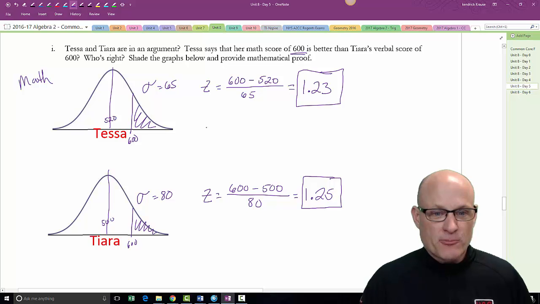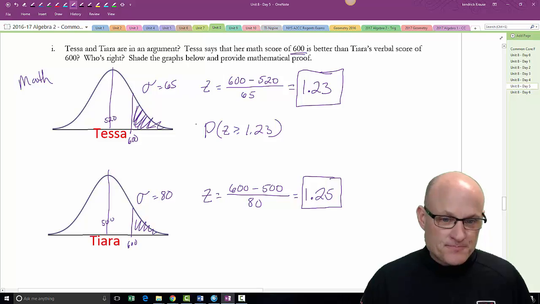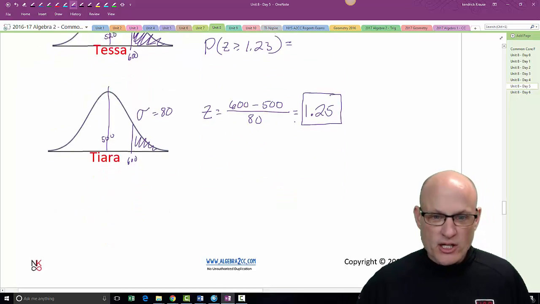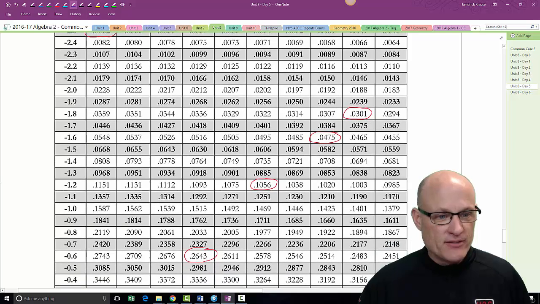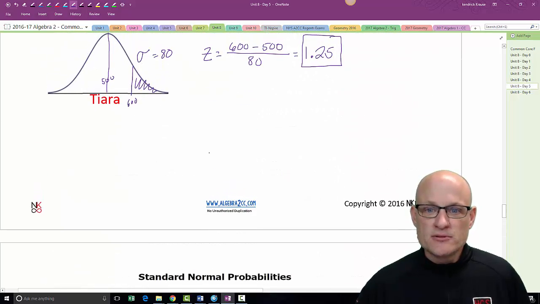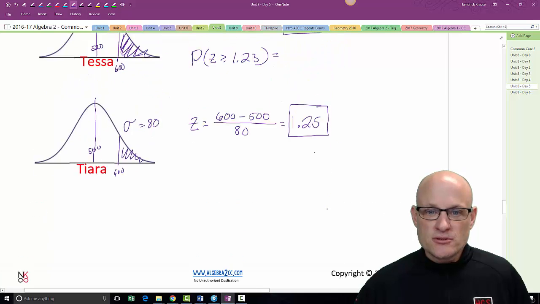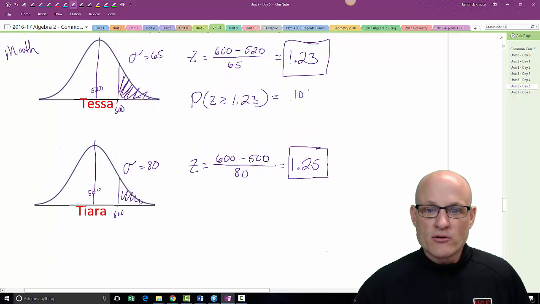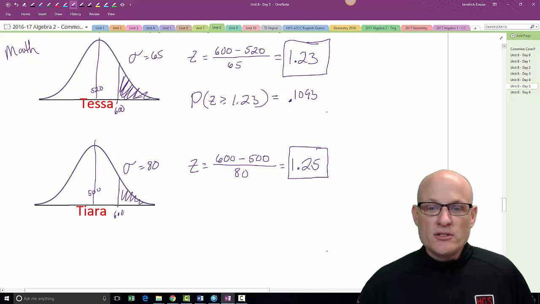Now, if you want to figure out what their probabilities are and what percent she beat, we've got to figure out what the probability is that z is greater than or equal to 1.23. So we're going to go look up 1.23 and 1.25. 1.23 is 0.1093.